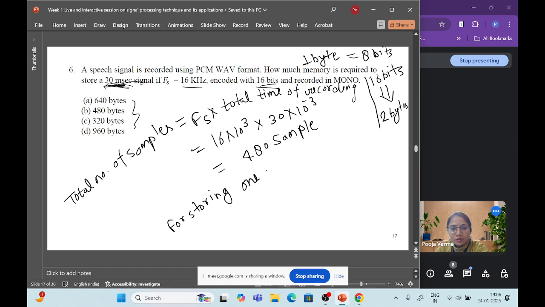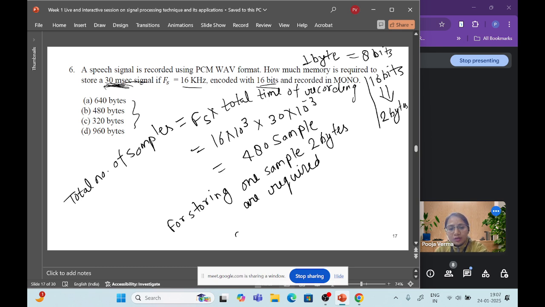That means for storing one sample, 2 bytes are required, because they are encoded with 16 bits. We can also say for storing one sample 16 bits are required, but they are asking in bytes. So we have to convert it in terms of bytes.